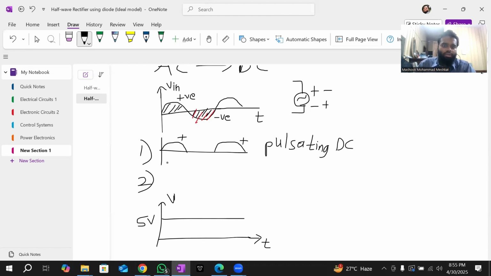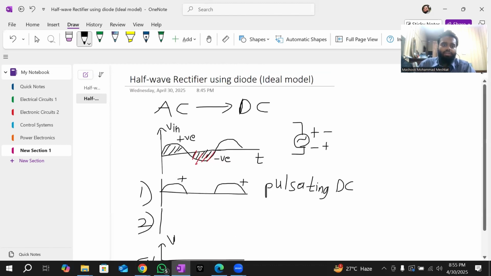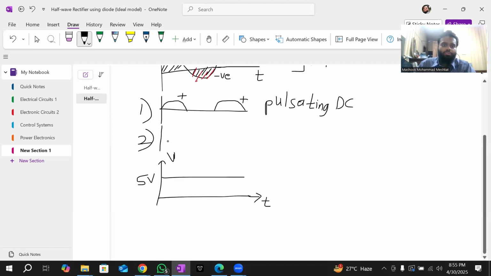So we still need to smooth it out, to make it almost constant. In the second part, we apply a capacitor to the half wave rectifier to smooth things out, and the signal that stays behind is something like this. It does not become completely zero.